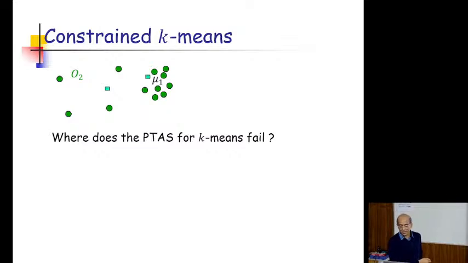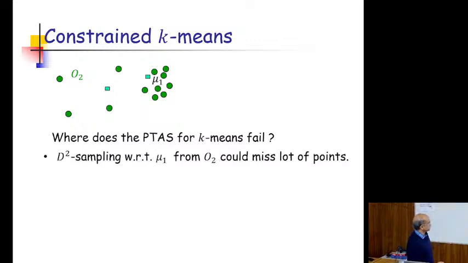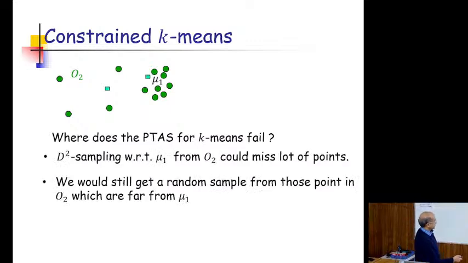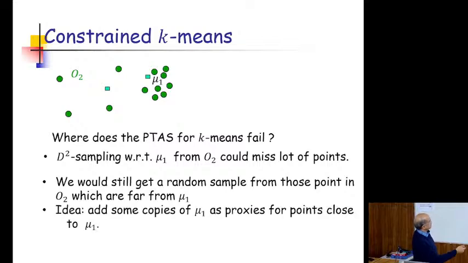And if you're sampling with probability based on how far away you are from mu1, it's not at all like uniform sampling. So these points will not get sampled at all, and there's no way you will get a good estimate of mu2. For points which are far away from mu1, it behaves like random sampling, but for points of O2 which are close to mu1, it does not.